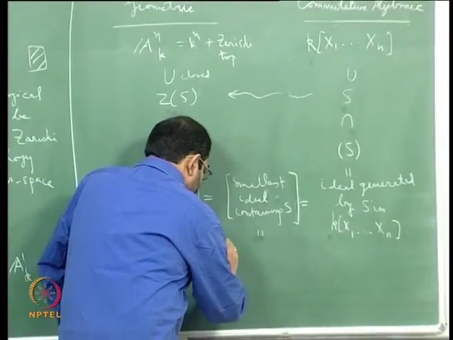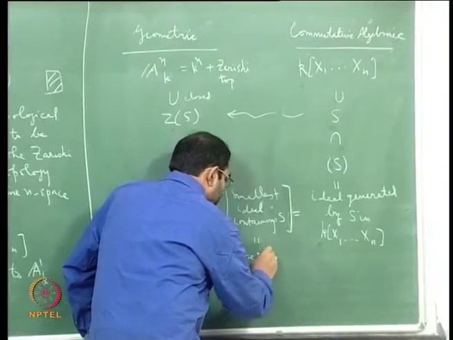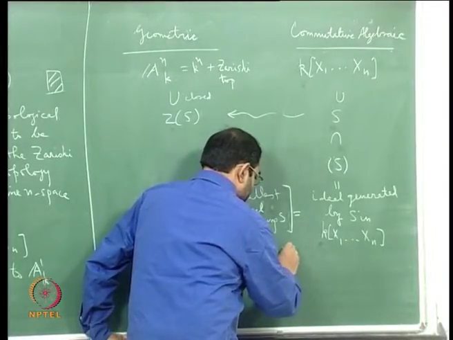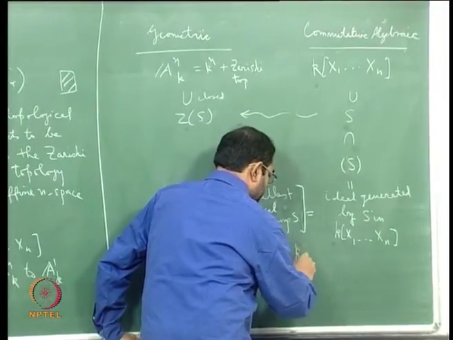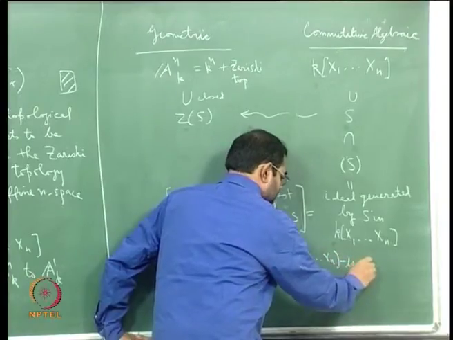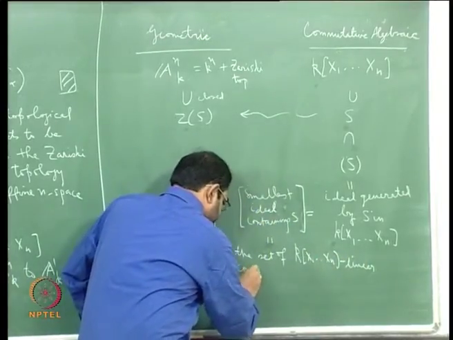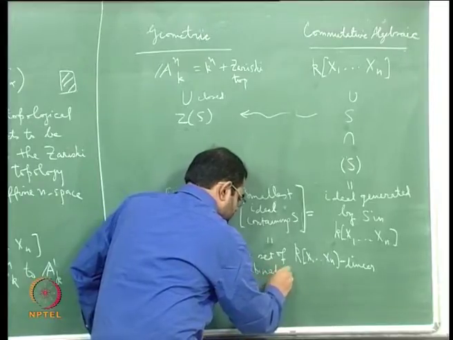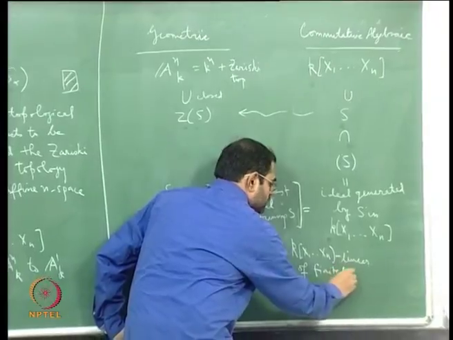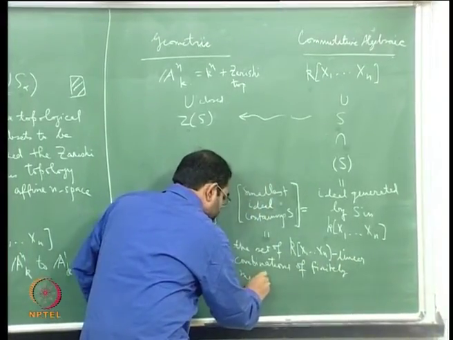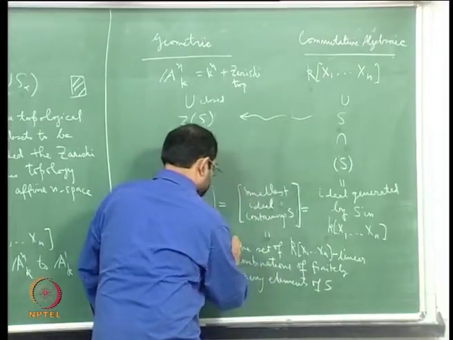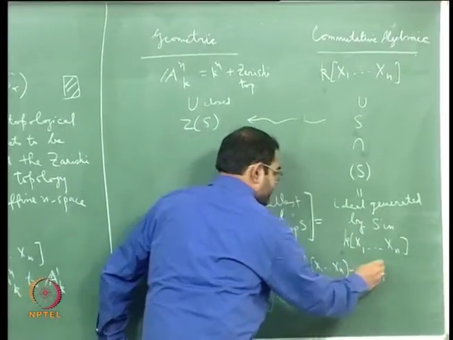This is equal to the set of ring linear combinations of finitely many elements of S. That is what it is.